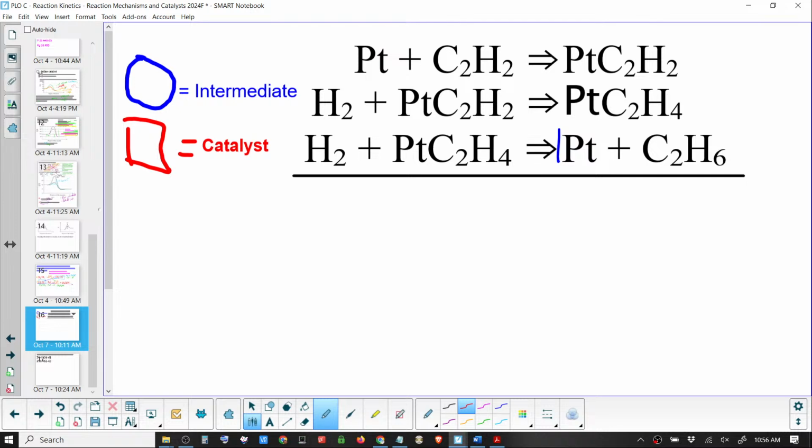Oops, wrong color. Already messed up. So I don't need to worry about that one. Reaction intermediate, B. PtC2H2. Yeah.